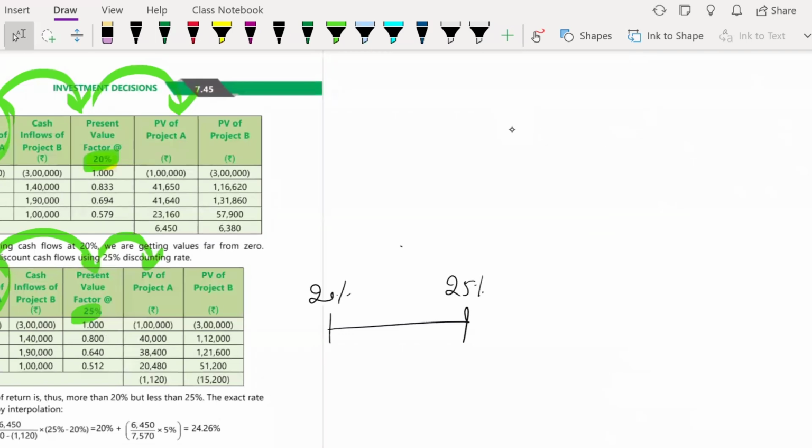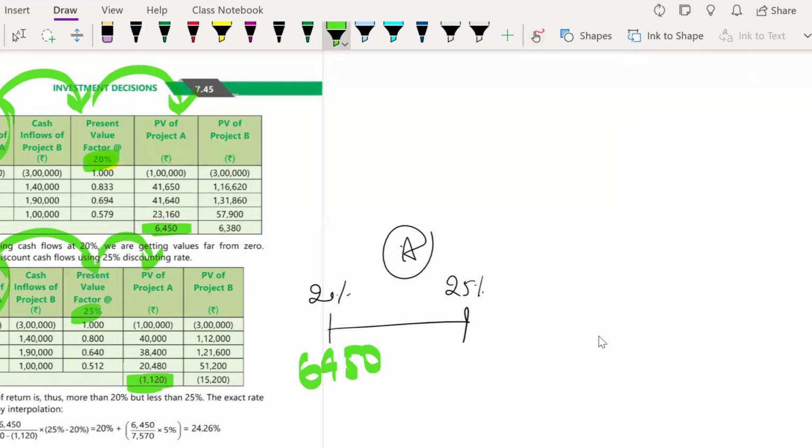For project A, the NPV at 20% is 6450, and at 25% it is minus 1120.